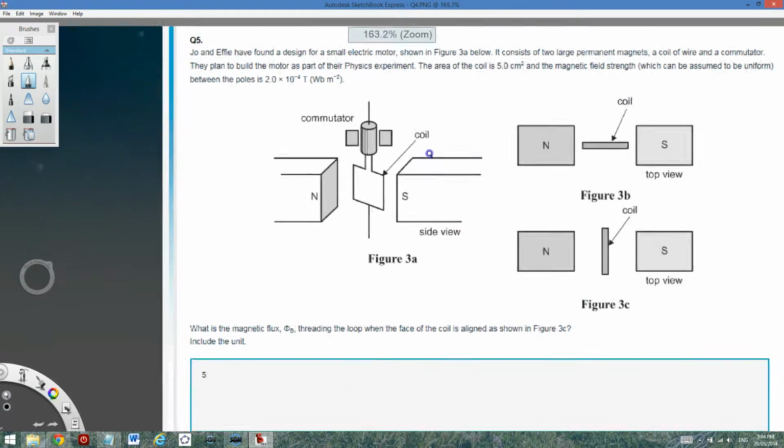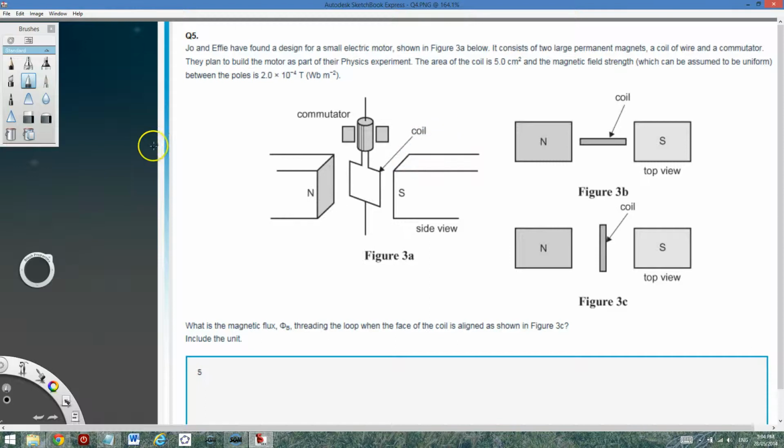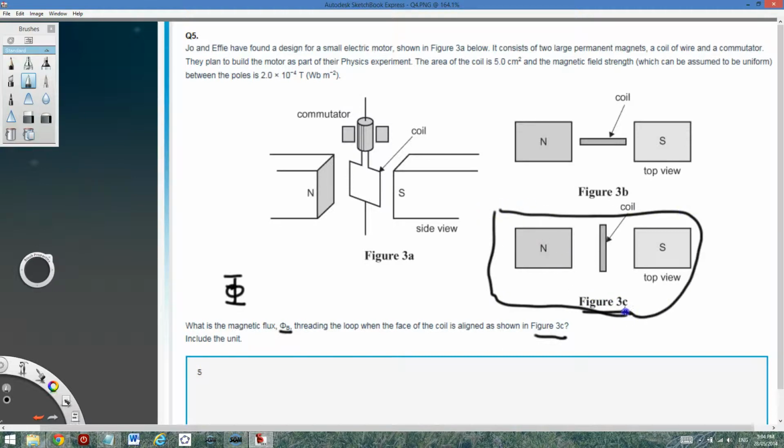Now again, look at this question. So what we have here is a magnetic field from north to south, and I need to find the magnetic flux at the position in figure 3C, here. So the magnetic field goes from north to south, and 3C.